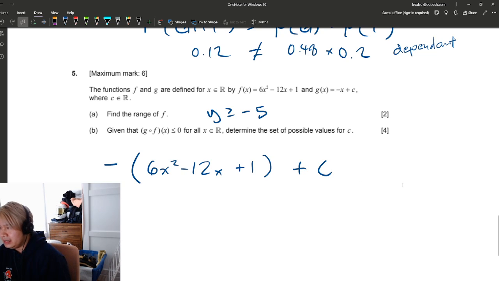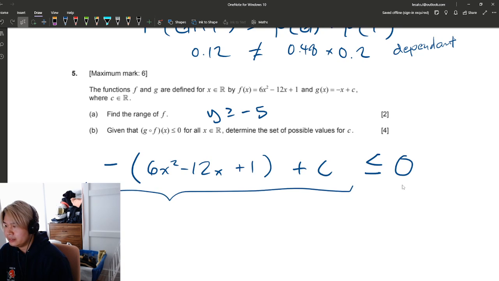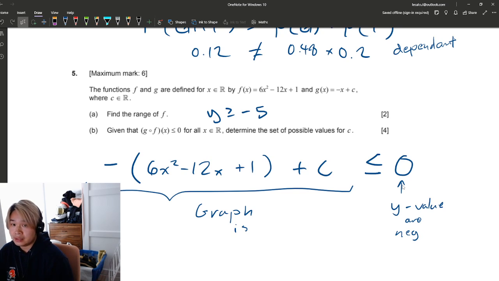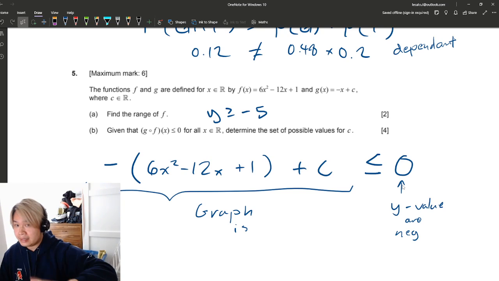This new function needs to be equal to or less than 0. In other words, if you were to graph this, the y values need to be negative or 0. So the graph is going to be entirely below the x-axis.